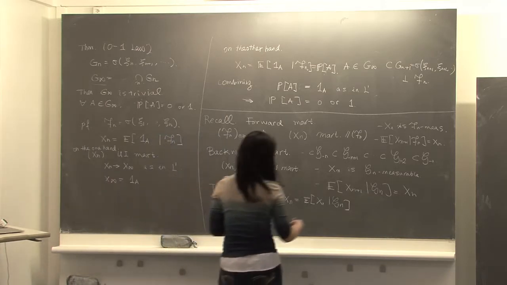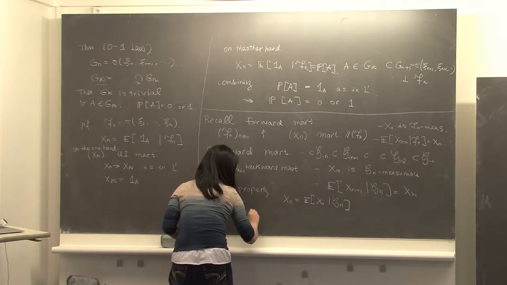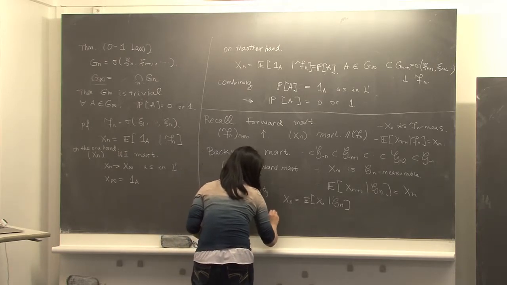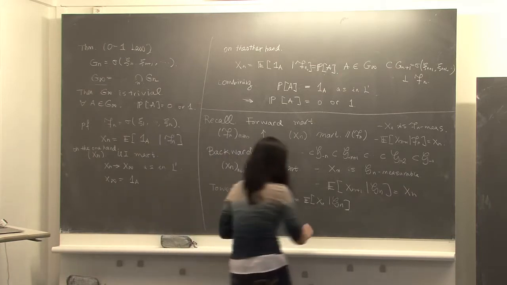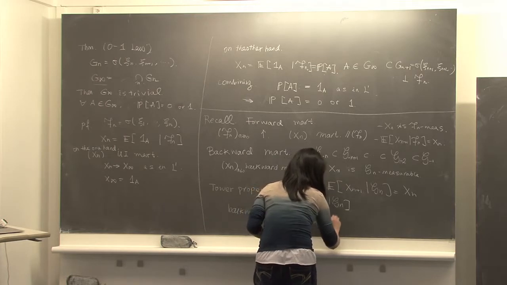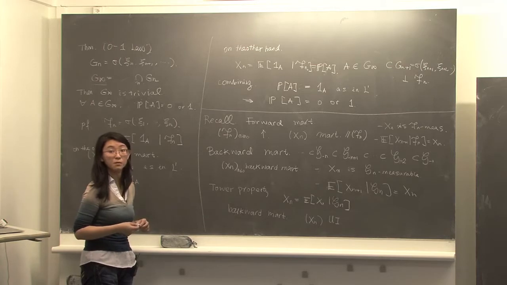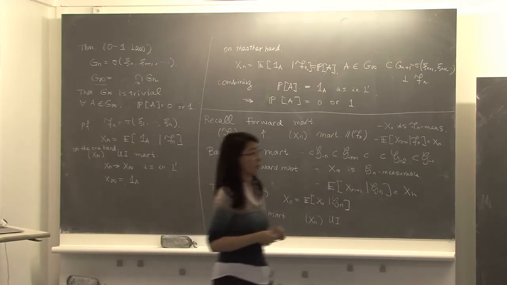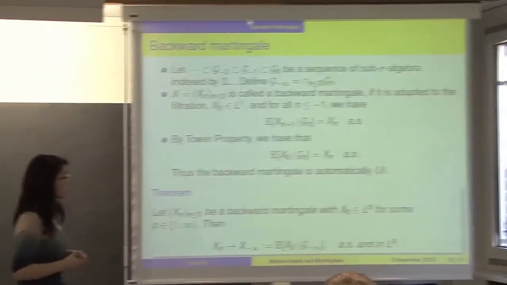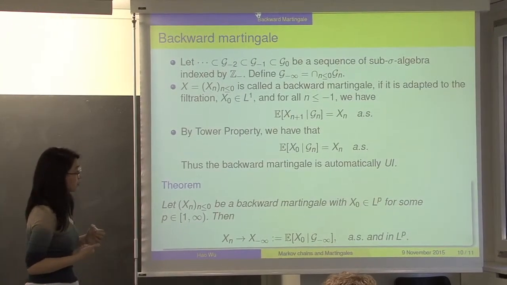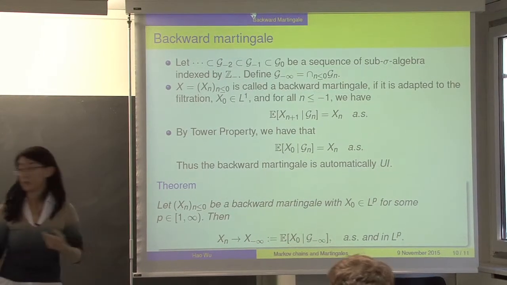Since this is true, we already know that any backward martingale is uniformly integrable. Now we can repeat all the proofs for forward martingales to show that if Xn is a backward martingale and X0 is in L^p, then we have convergence in L^p and also almost sure convergence.